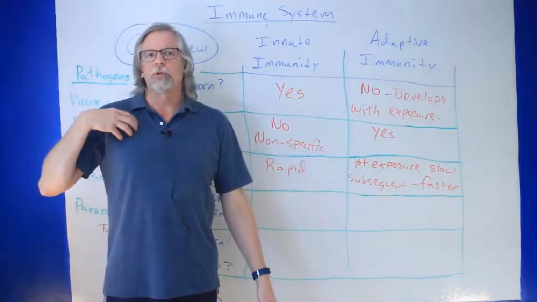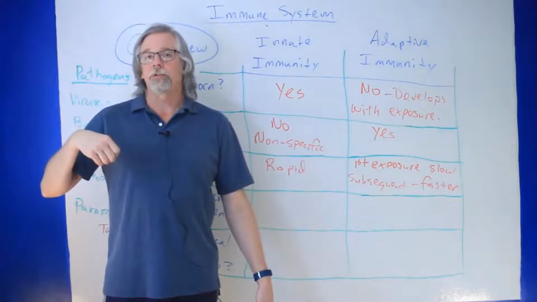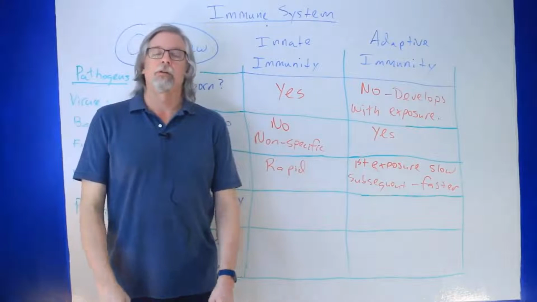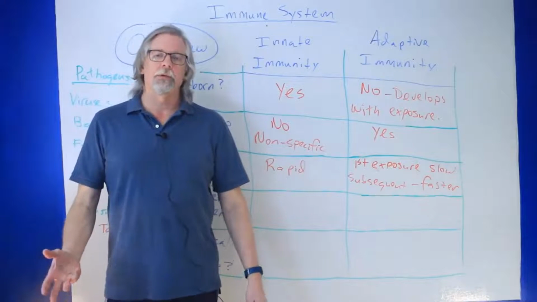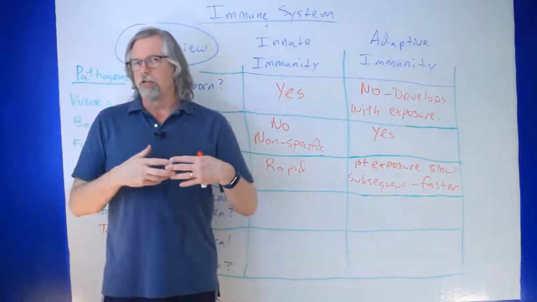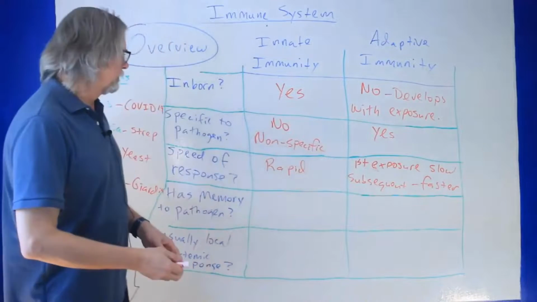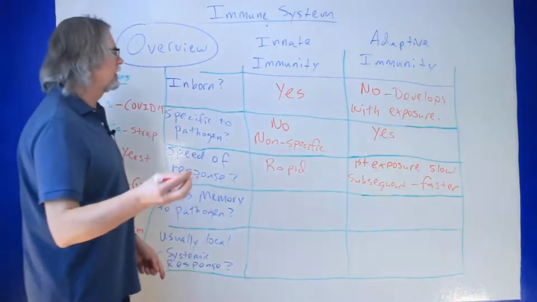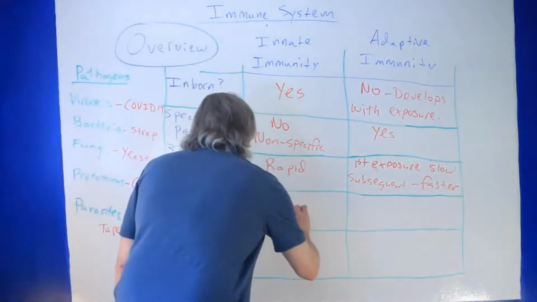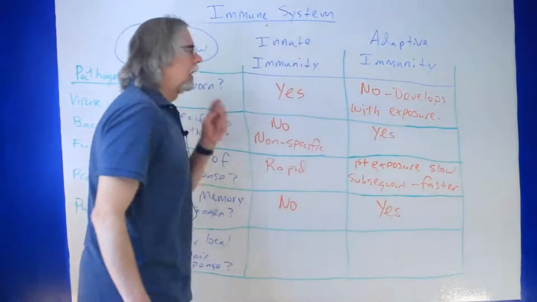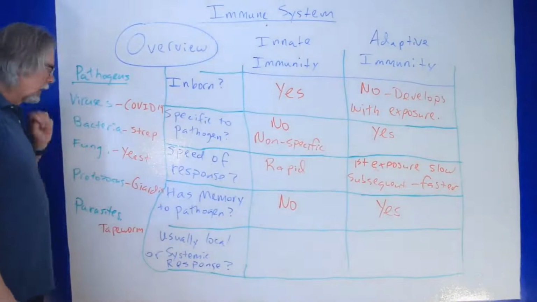Is this immune system response more vigorous and faster the second time you're exposed to a particular pathogen? That's what memory is. If you have memory, then you mount a much more vigorous and faster response. So memory is not a feature of innate immunity, but it is one of the key features of adaptive immunity.